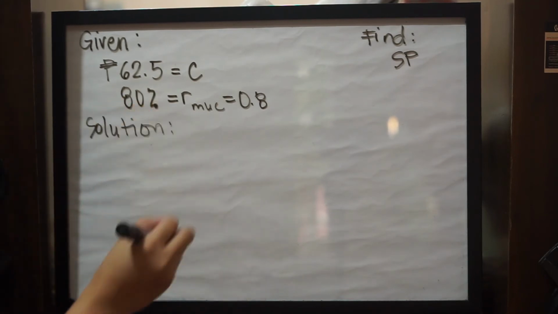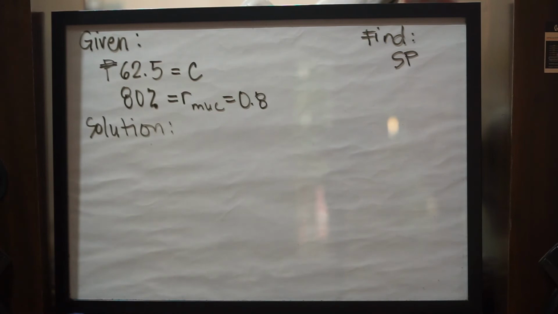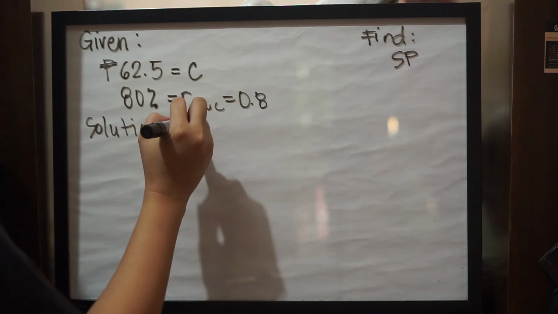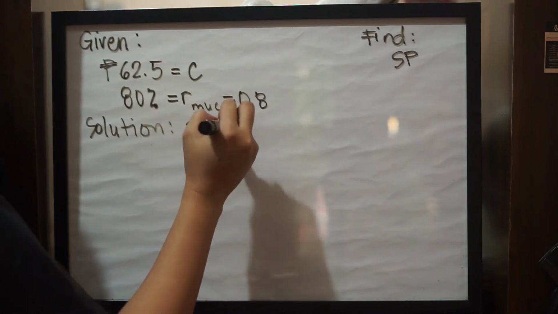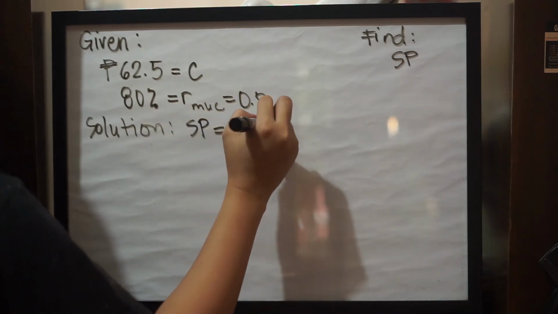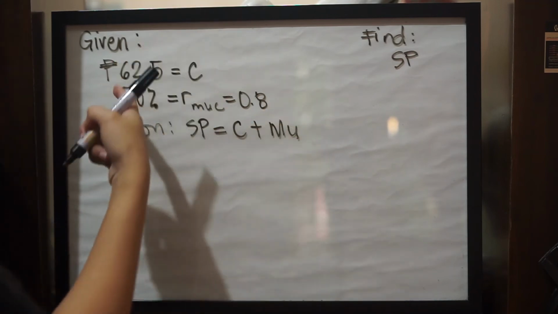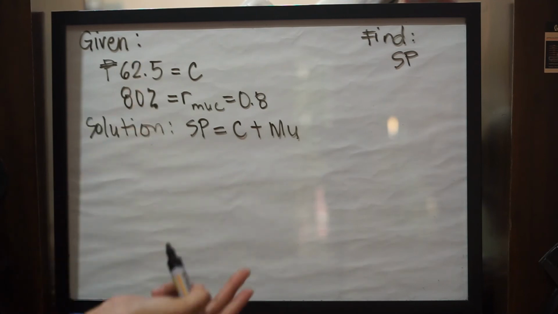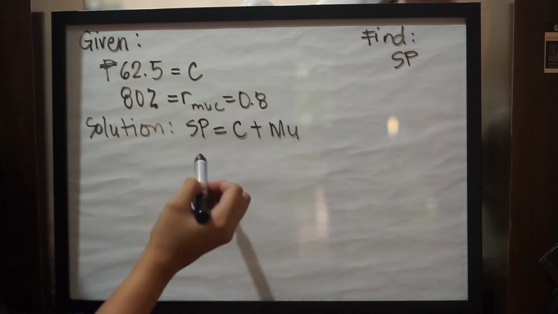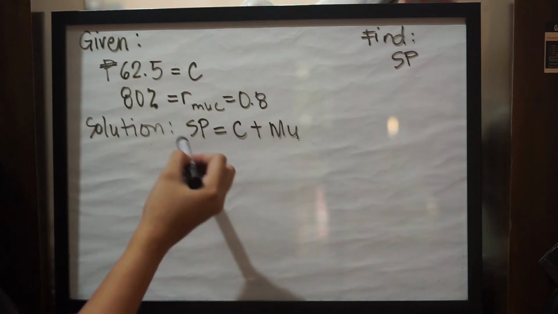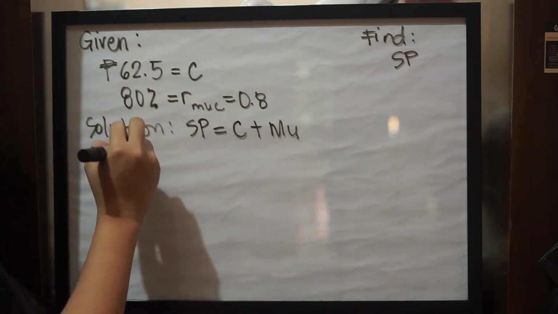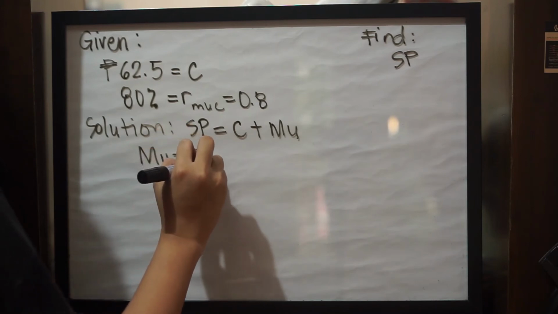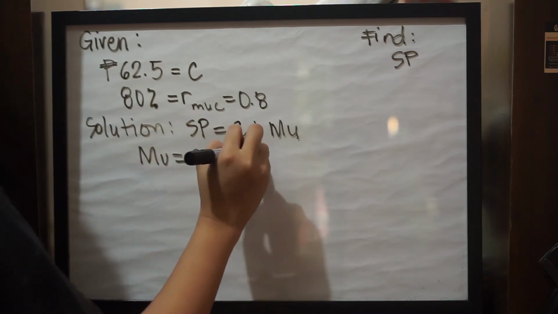So, sa solution, same with problem number 1, we cannot compute for the selling price directly since the formula for the selling price is cost plus the markup. And based on our given, we don't have any value for markup yet. So, we have to solve for the markup before we can solve for the selling price. Solving for the markup, the formula is rate of markup based on cost multiplied by the cost.